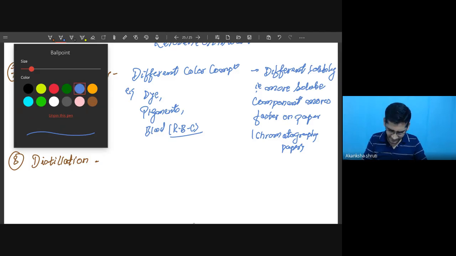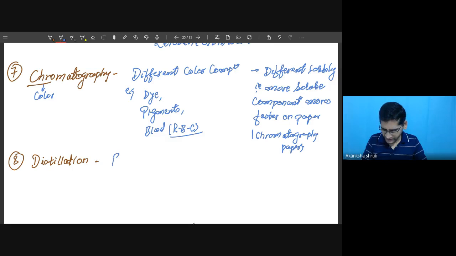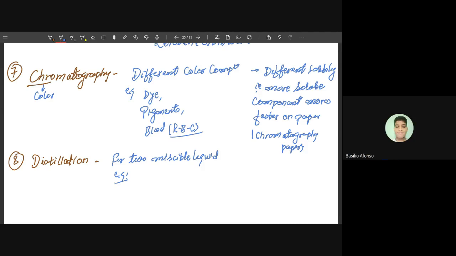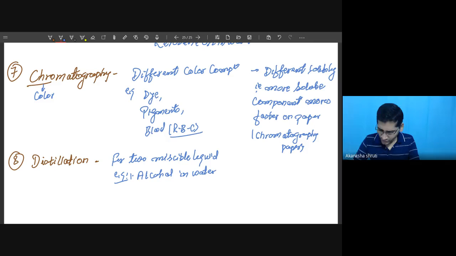But this distillation can be used for two or more miscible liquids. What are the examples? Example, the alcohol is able to mix with water. The important thing is that the two miscible liquids must have different boiling points.